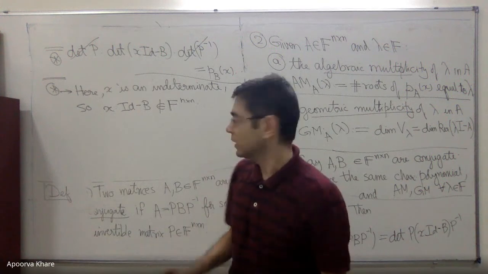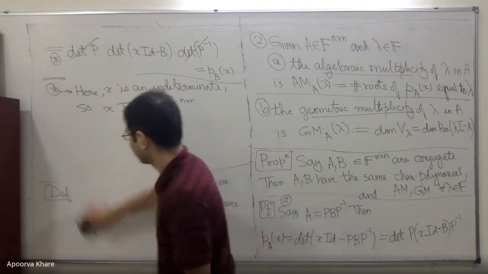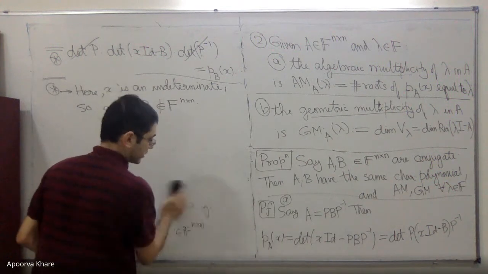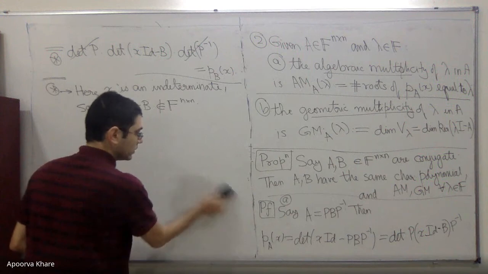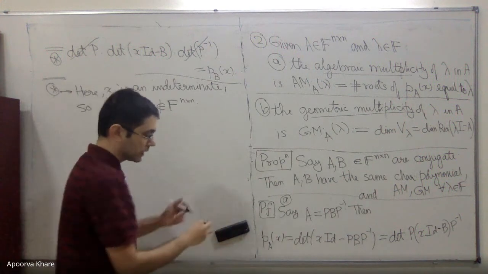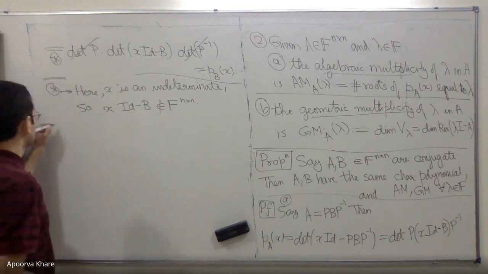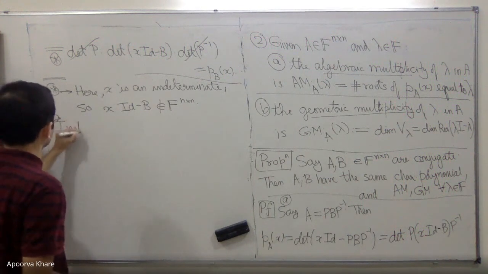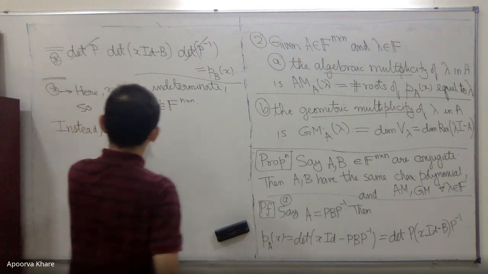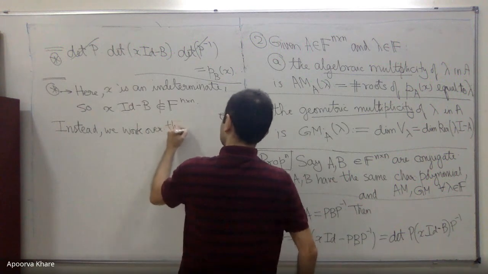Well, it's very simple. What I just told you: you embed this field into a bigger field in which the matrix entries sit. Once you have that, over any field the determinant exists and it's multiplicative. So instead we embed over the larger field.